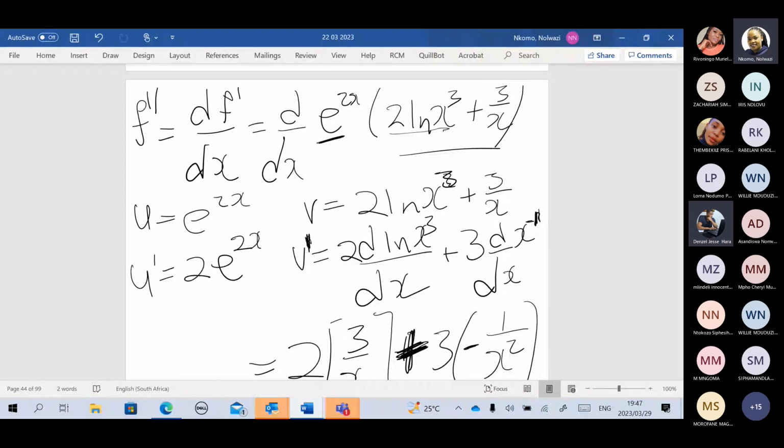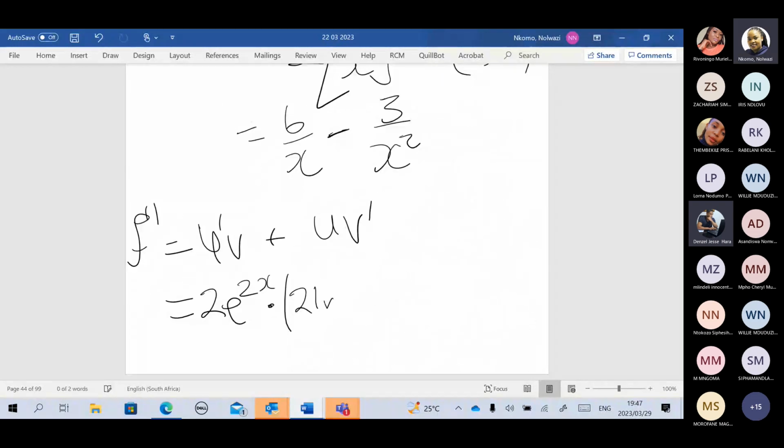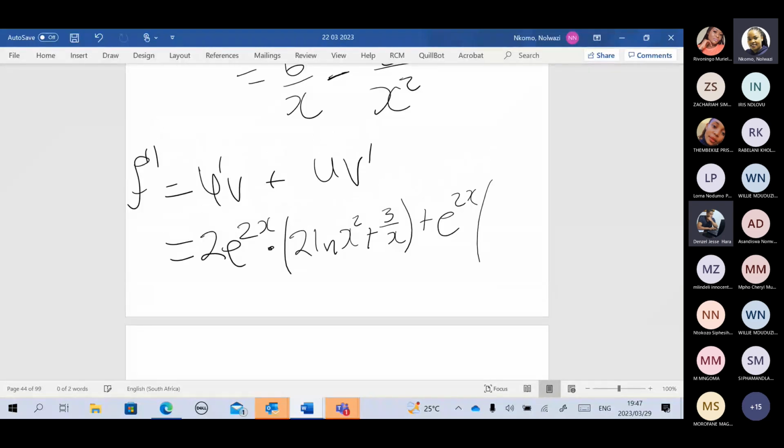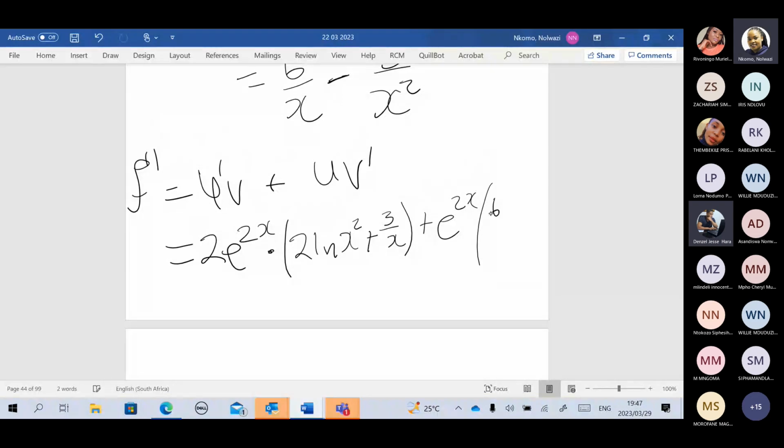And then we have our u, so it's plus e to the power 2x times v prime, which we said is 6 over x minus 3 over x squared.